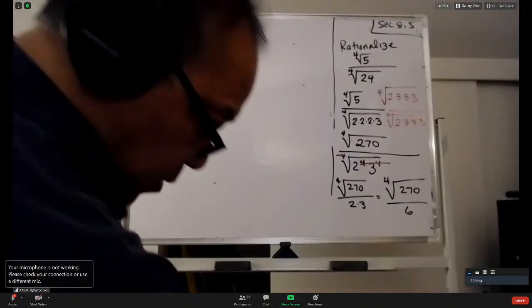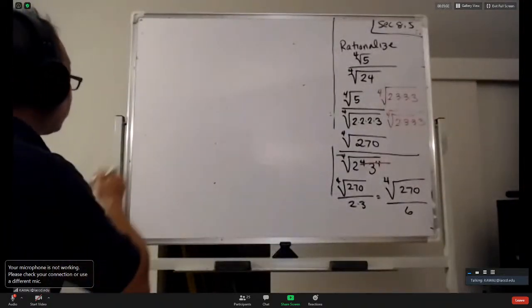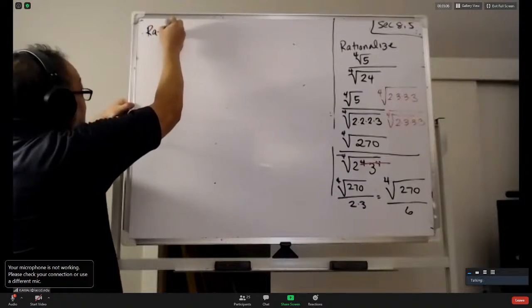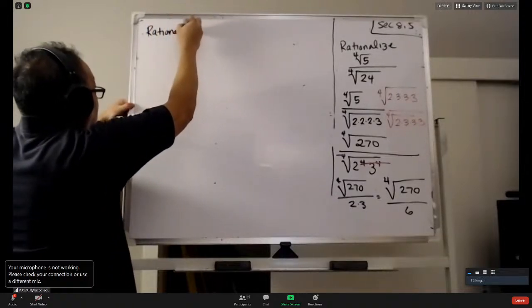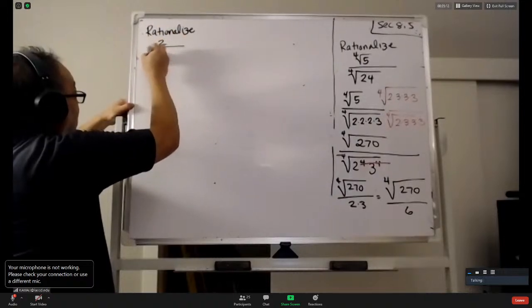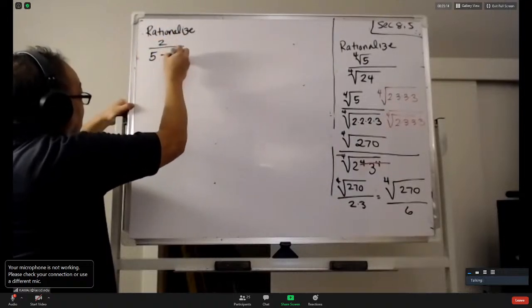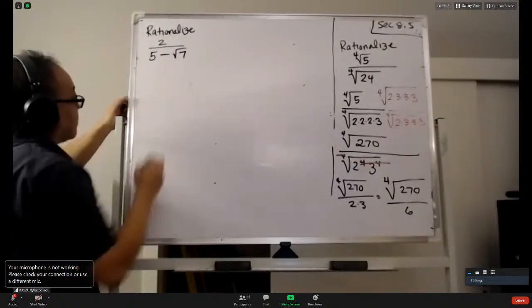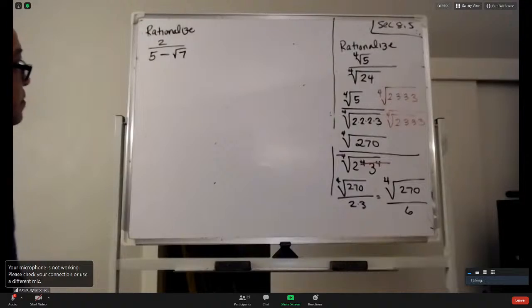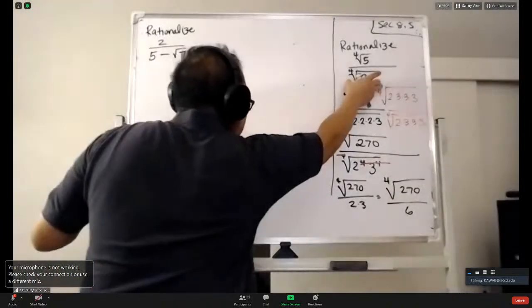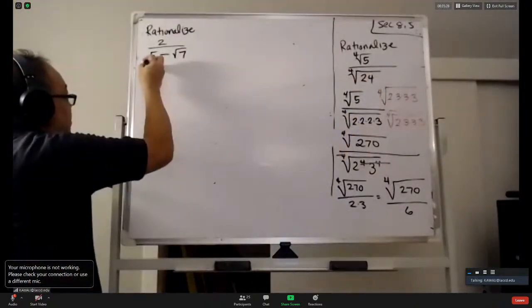So let's look at a problem that looks something like this. Okay. So the difference here from what we were doing over here is this has one term, this has two terms.